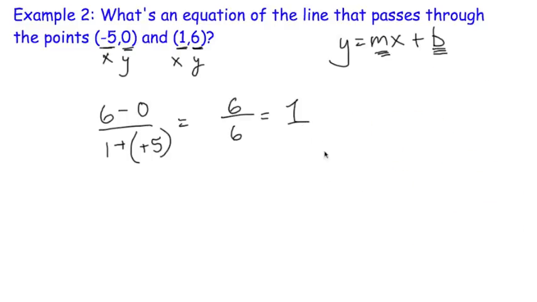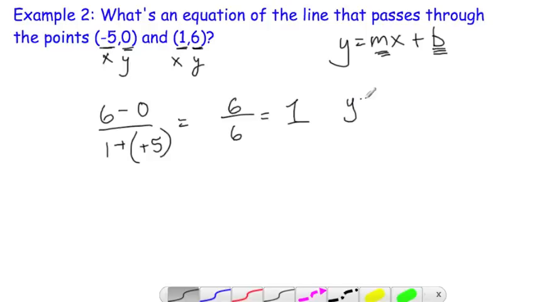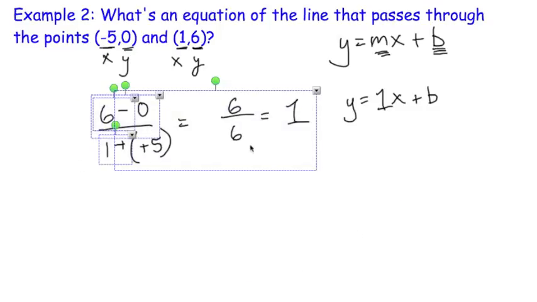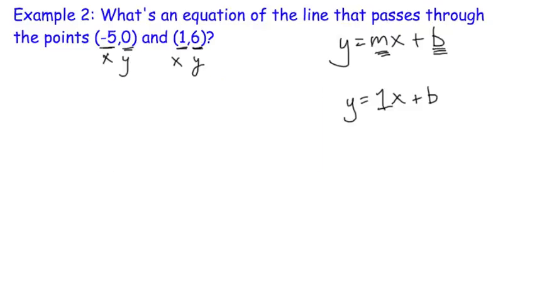All right, so now I've got y equals 1x plus b. I've put my slope into the equation. And now I just need to put one of the points into the equation. I'm not going to do both points this time because I proved to you on the last example that both points give you the same answer.